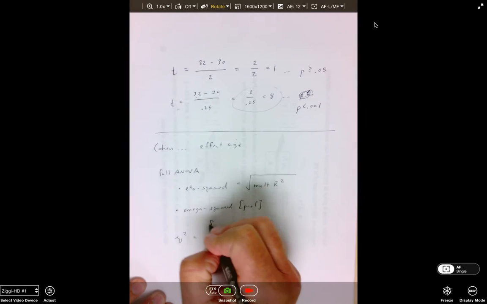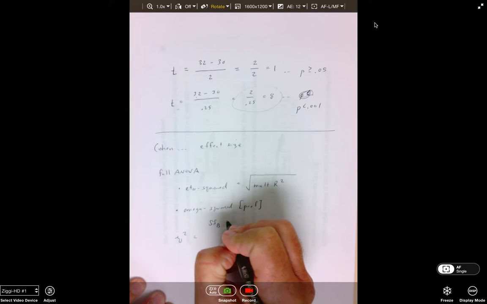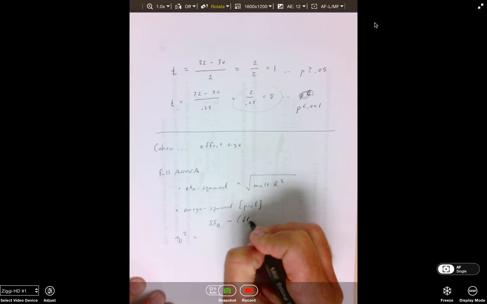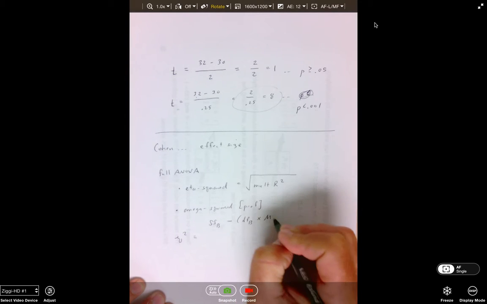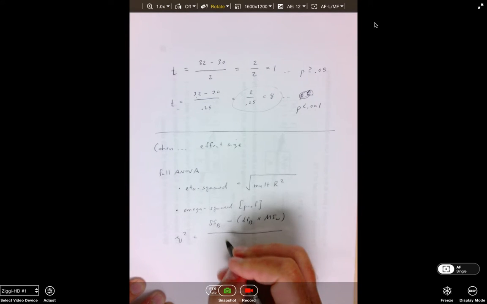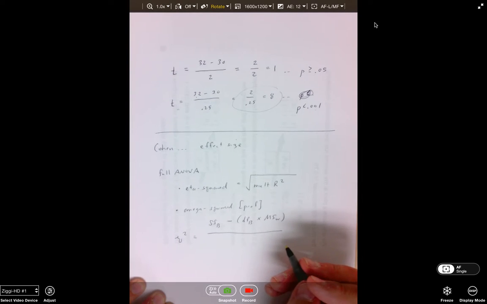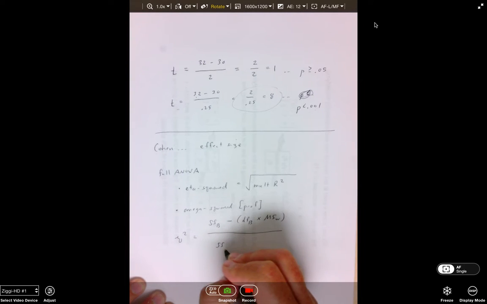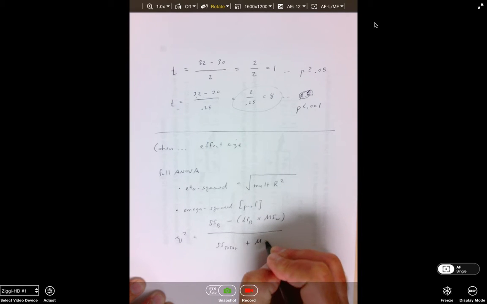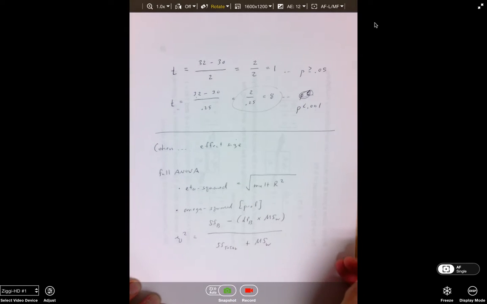It would be the sum of squares between minus the degrees of freedom between times the mean square within, all over the sum of squares total plus the mean square within.